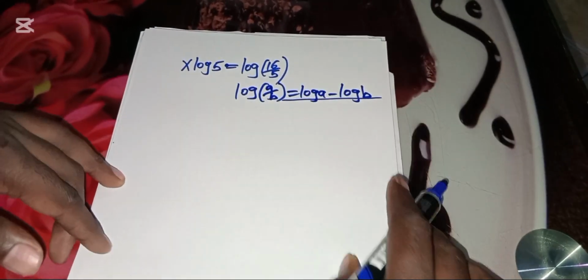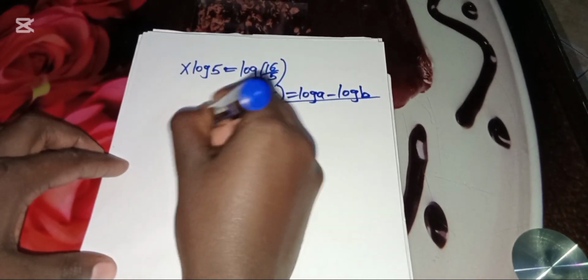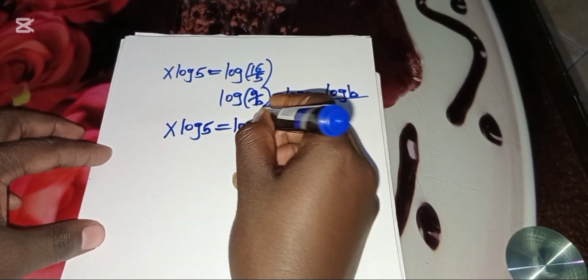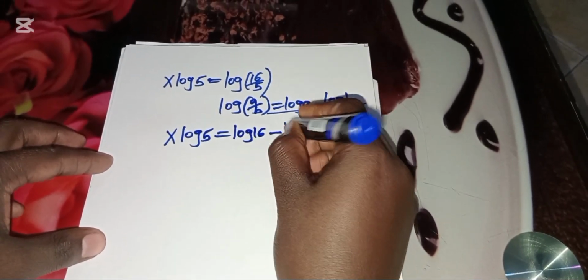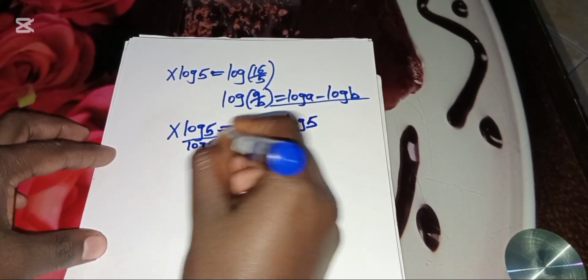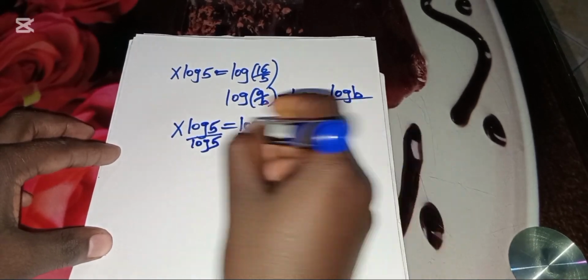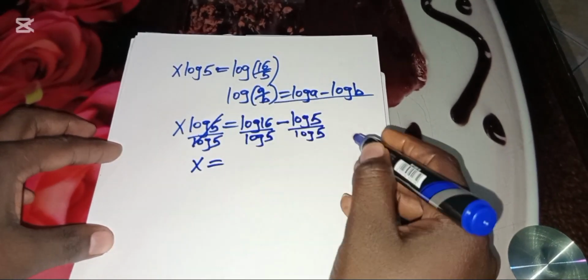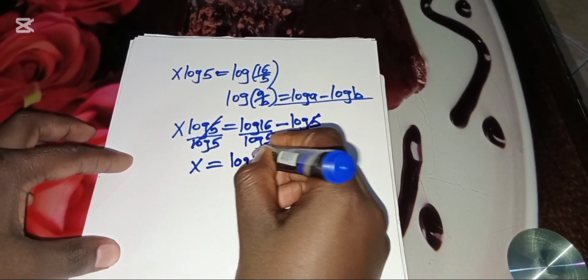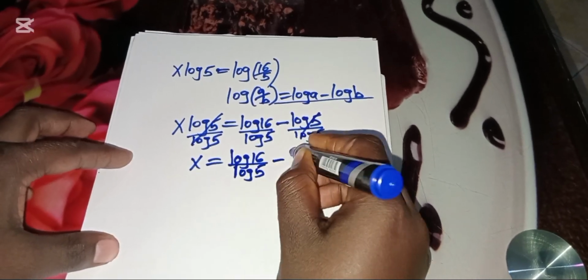So let's apply this identity, so that you're going to have x log 5. This can be expressed as log 16 subtract log 5, divide everything by log 5, so that the value of x is equal to, now if you simplify, log 16 divided by log 5 subtract 1.